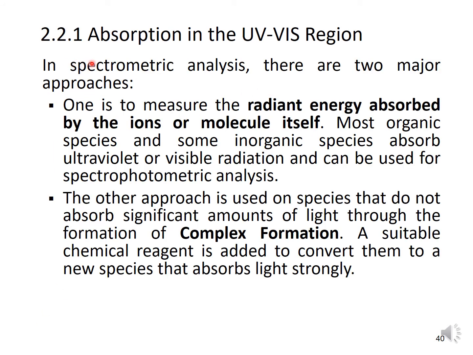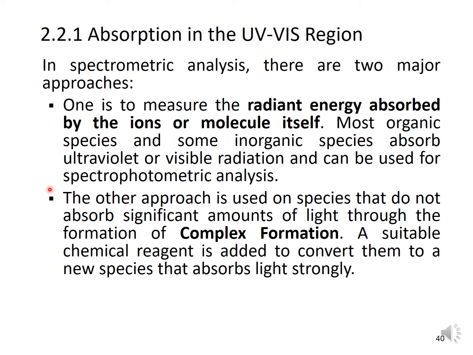In this spectrometric analysis, there are two major approaches. One is to measure the radiant energy absorbed by the ion or molecule itself. Most organic species and some inorganic species absorb ultraviolet or visible radiation and can be used for spectrophotometric analysis. So for UV-Vis, if your analyte is an organic molecule, then you can use UV-Vis easily.